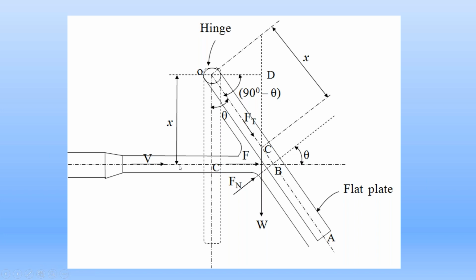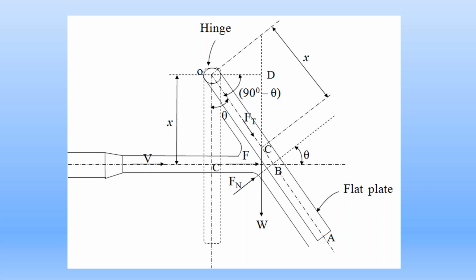Now, after the impact, the force exerted by the water jet on the metal plate is acting at point B horizontally. F is the force. The equation of force F is rho A into V square. At point B, resolve the force F into two components.